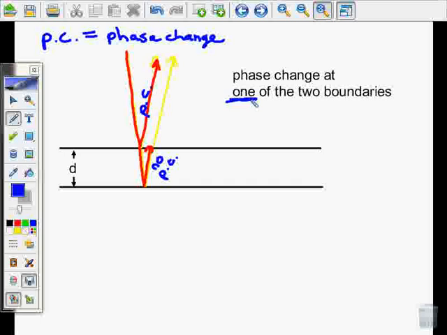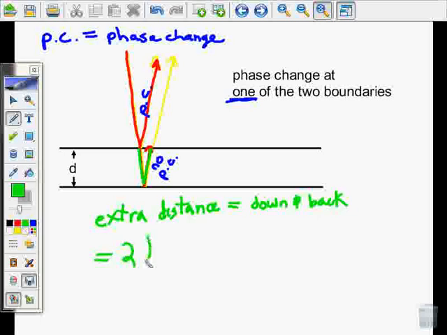Now see if you can follow the logic here, people. Remember before, if the extra distance down and back up, which is always equal to 2 times the thickness there, was equal to 1 wavelength, what kind of interference did we get in the last example, Ryan?